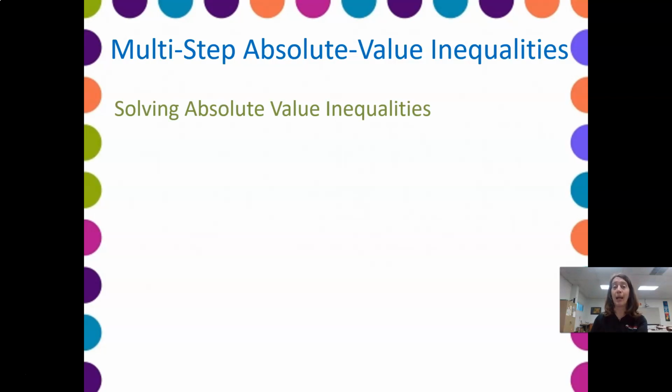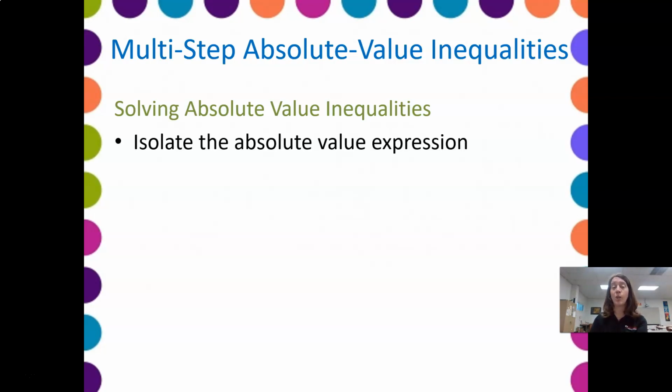So what were the correct steps that we saw before for how to correctly solve an absolute value inequality? Those will be the same steps that we'll follow today in lesson 101. The first thing that you have to make sure of in your absolute value inequality is that you've isolated the absolute value expression.